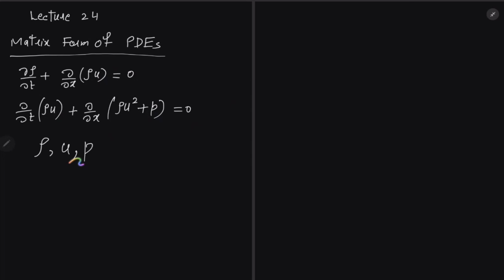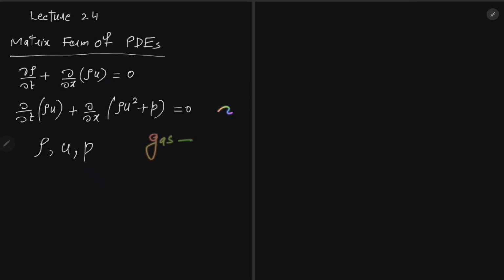First of all, we need to understand which fluid we are working on. Is it water? Is it a gas? In this case, we have a gas that we are working on.